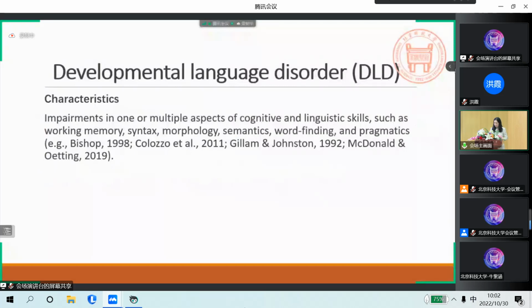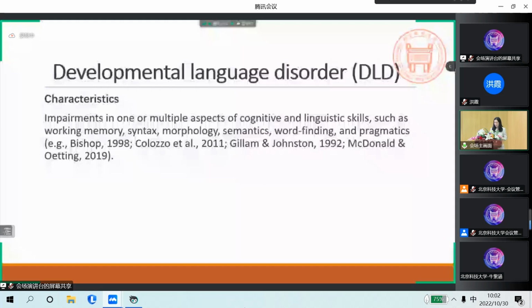So children with DLD have some characteristics. The typical symptom is language developmental delay, and DLD will also have some impairments in cognitive and linguistic skills, such as working memory, syntax, morphology, semantics, word finding, and pragmatic problems.